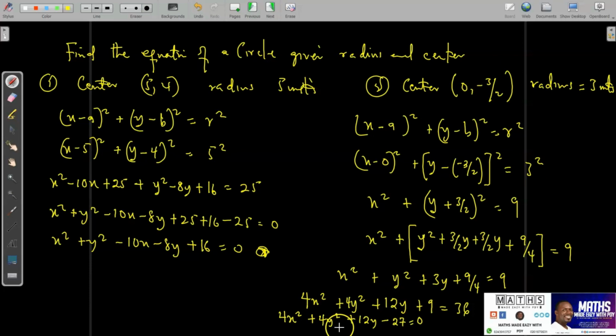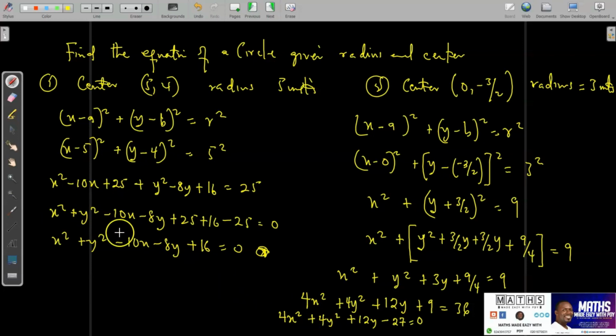With the properties we talked about with respect to every equation of a circle, the highest power of the variables x and y is always 2. You can see it here. And the coefficients of the x squared and y squared terms are always the same. So the coefficient here is 4 and 4.